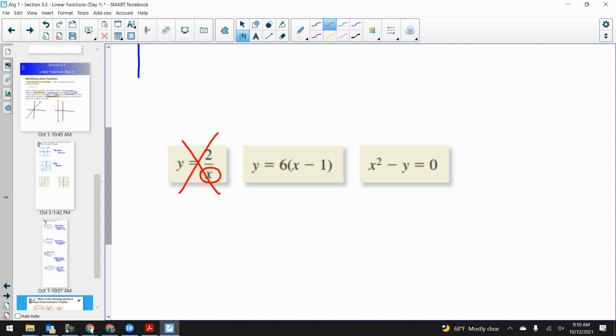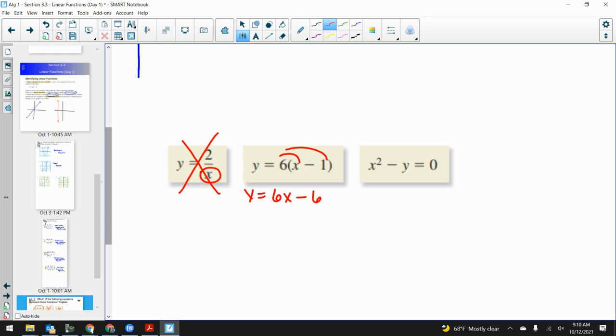All right, y is equal to 6 times x minus 1. I could put it in the calculator again. But take a look here. If I just distribute that, it kind of looks weird because I've got a 6 on the outside. But if I just distribute it, is that linear? Is there anything weird happening to x? Yes, it's being multiplied by 6. Well, if it's being multiplied by a number, that's just the slope. And that's just my y-intercept.